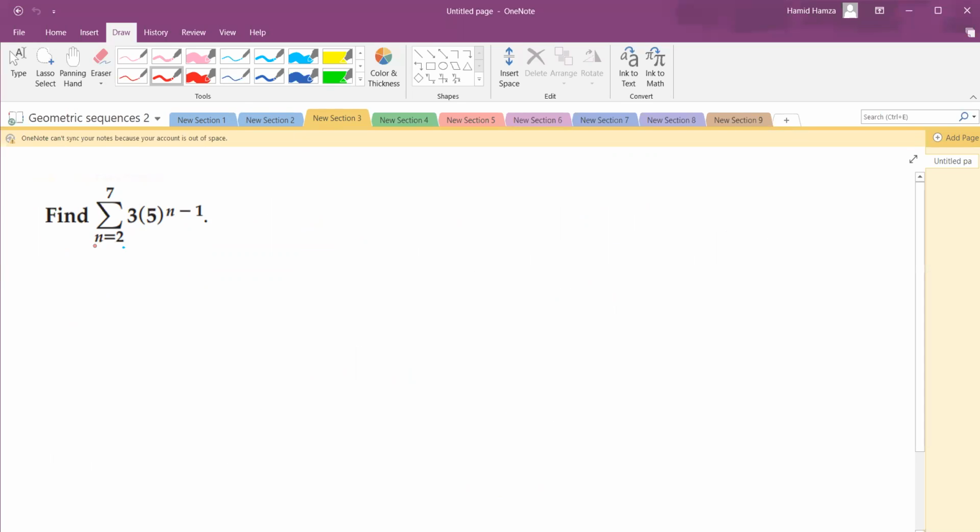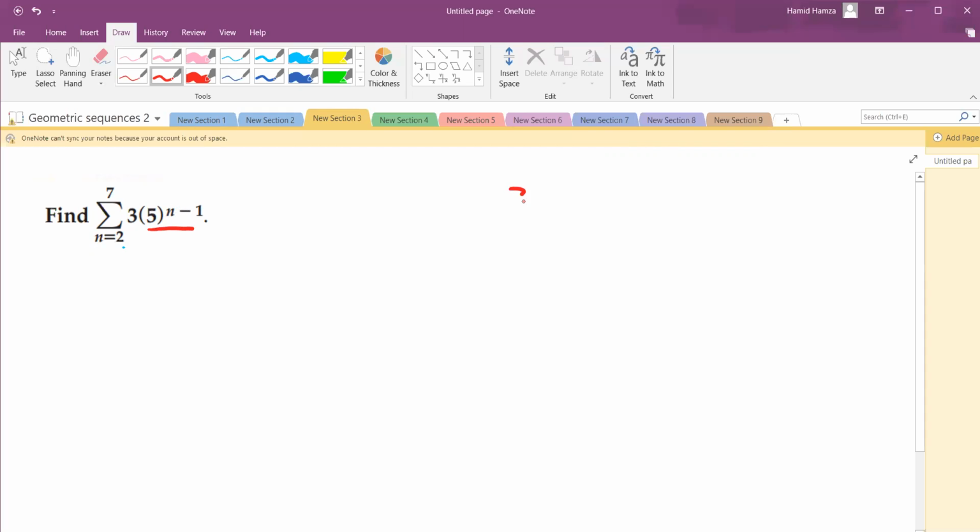Also, the sigma notation we use to find the sum of a number of terms of a sequence, either a geometric sequence or an arithmetic sequence. And you know that we write the nth term, or explicit formula, in summation or sigma notation like this. In the explicit formula, the exponential part is 5^(n−1).